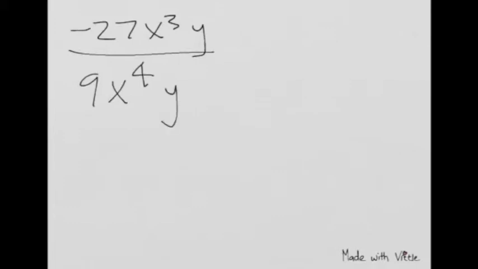For the next one, we have -27x cubed y over 9x to the 4th y. And so you just go about this normally when it comes to simplifying. So just cross out common factors, and so taking out 9, that would be -3, and then for these ones you just take out the entirety of x cubed because that would go into this, and then you can take out both y's, and then you're left with -3 over x.